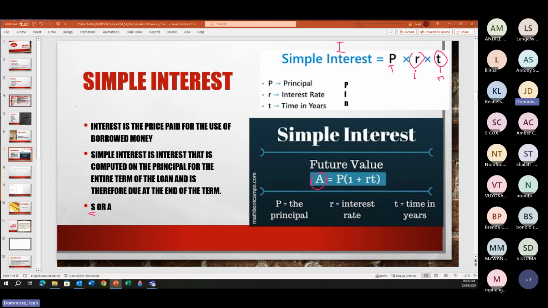The other thing that is important is that in simple interest, when we need to work out the future value, this is something you can't work out with the programmed calculator, because the programmed functions for future value, present value and all those kinds of things only work with compound interest.